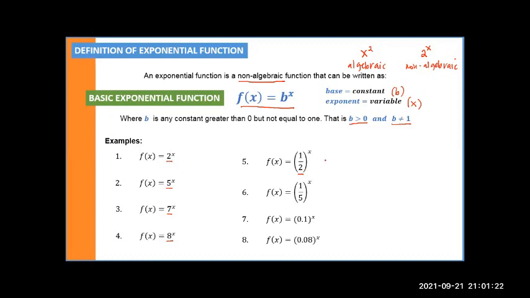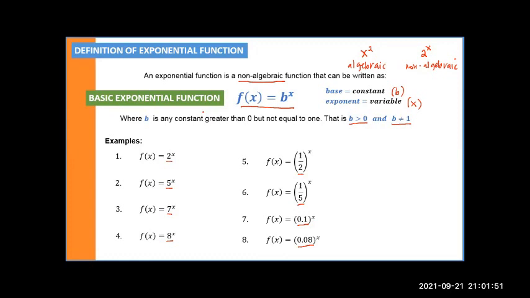Hindi rin siya equal to 1. So, meron din tayong 1/5 kasi mas mataas siya sa 0. Okay? And then, pwede rin ang decimals, which is 0.1 raised to x kasi ang 0.1 ay mas mataas sa 0. Okay? As well as 0.08. So kahit 0.08 yan, mas mataas pa rin siya sa 0. So these are the examples of our basic exponential function.